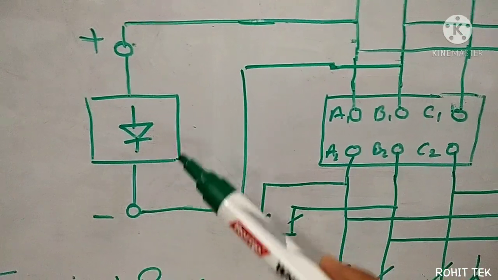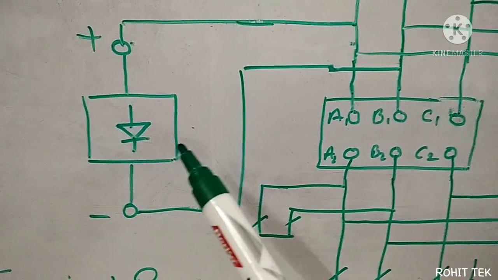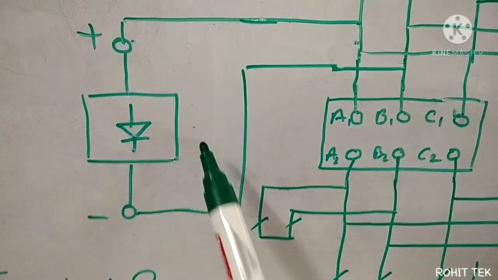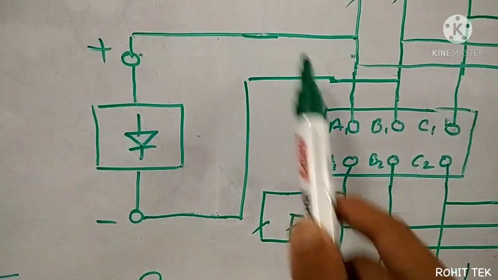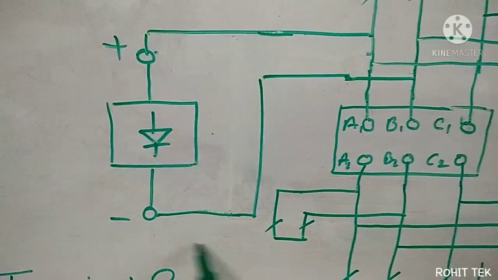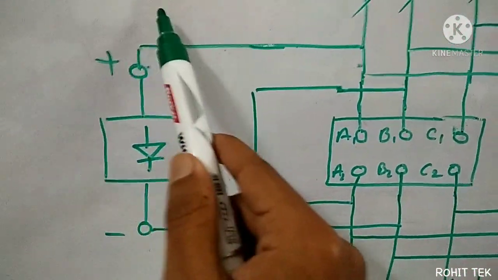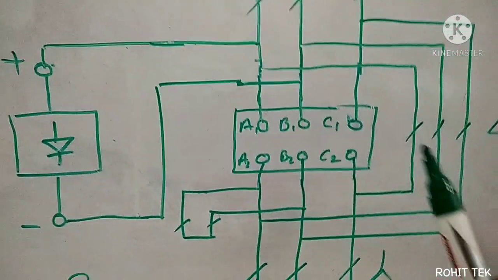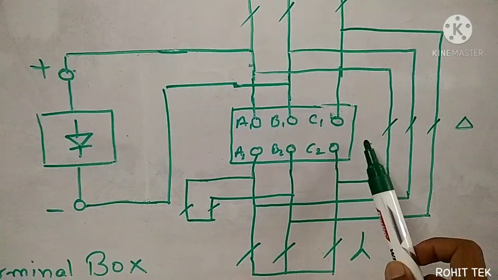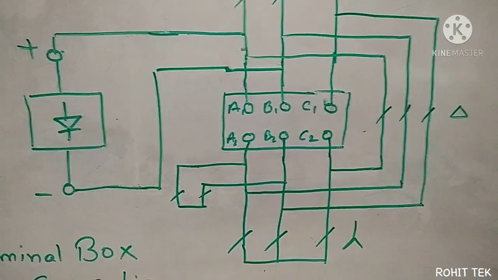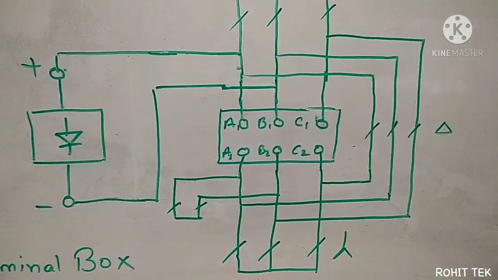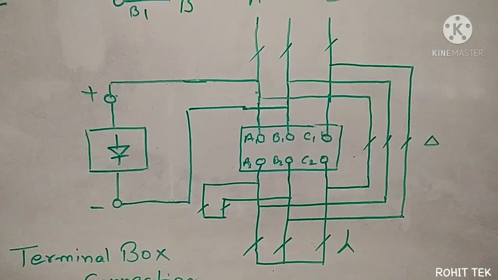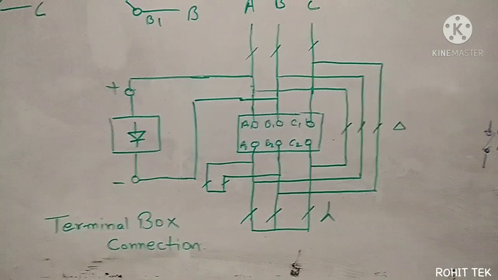This rectifier is activated when I am pressing emergency stop. So this situation is for the emergency stop condition. And this situation is for normal working of the motor, normal starting. Okay, is it clear?